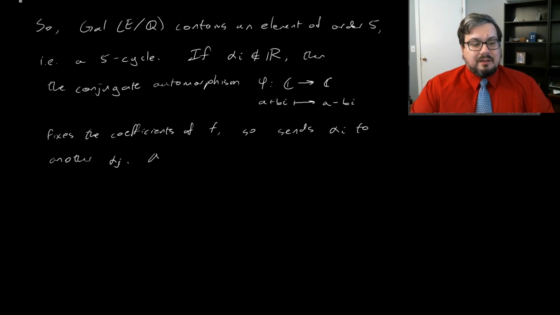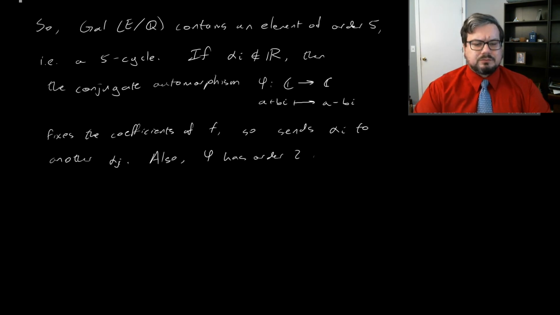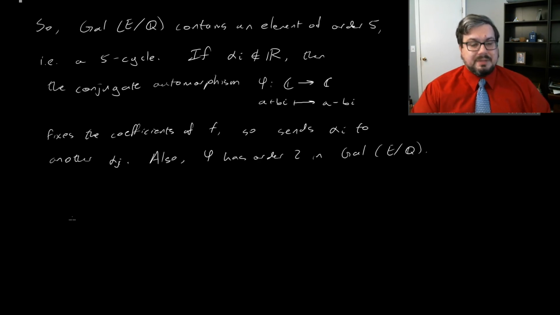But we also have that phi has order 2 in the Galois group of E over Q. So this means that there exist elements of order 2 in the Galois group if f has at least one non-real root.